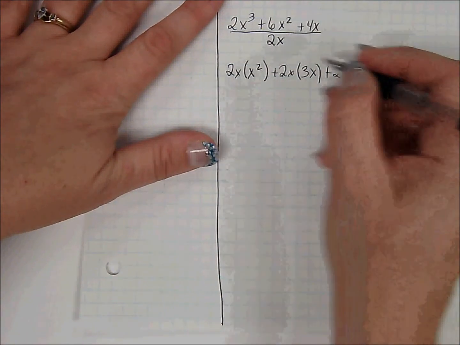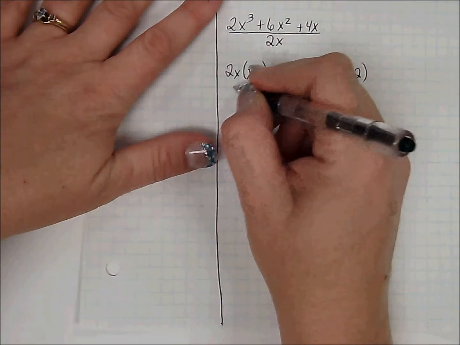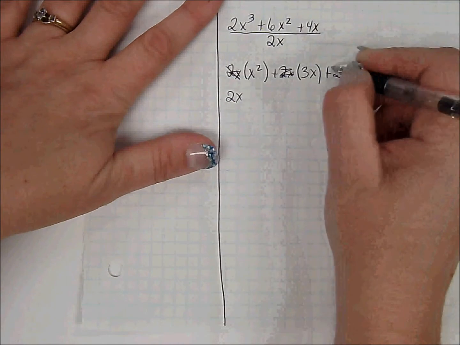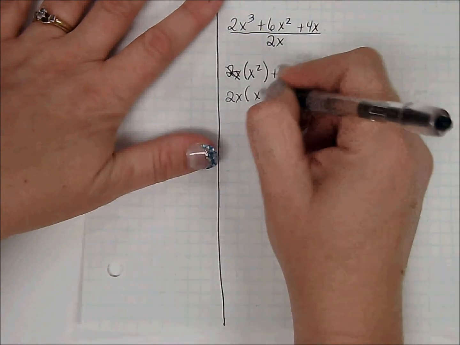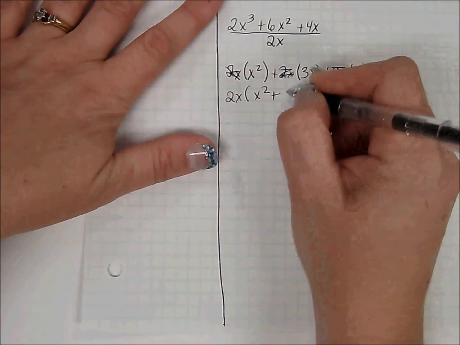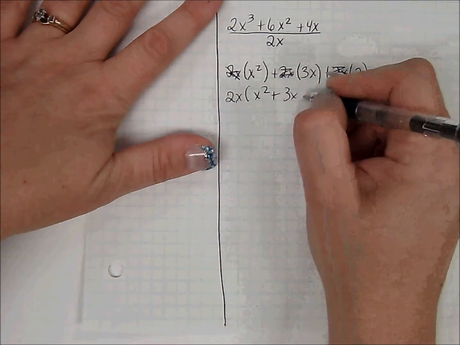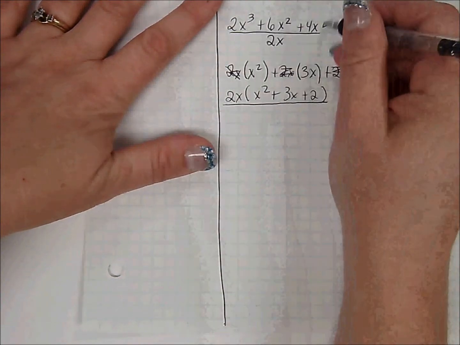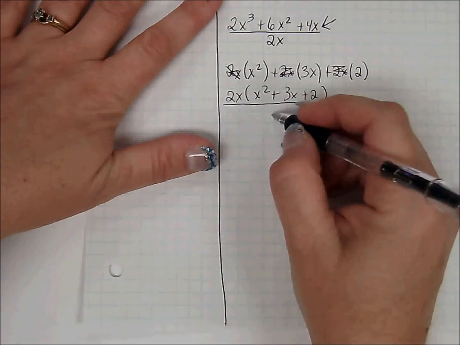So if I take that 2x out and set it off to the side, 2x, 2x, 2x, I'm left with x squared plus 3x plus 2, over, because all of this here was over the number 2x.